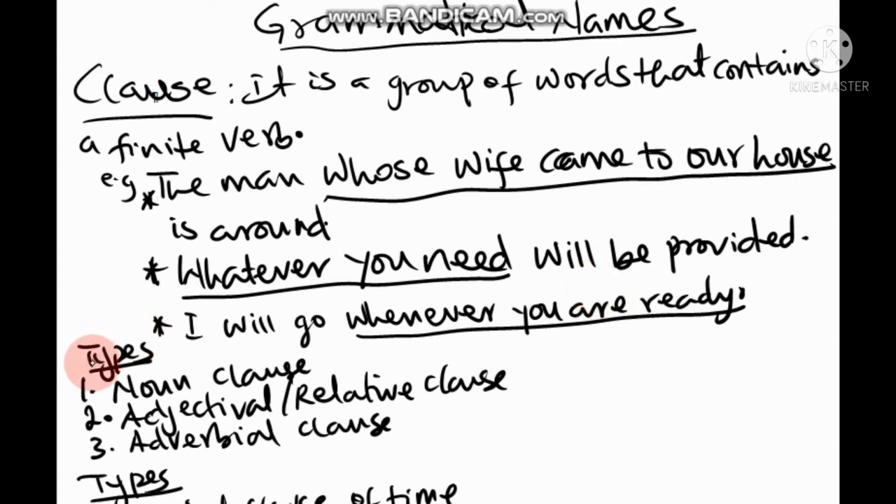Now, under our clauses, we shall be looking at types. So we shall be looking at noun clause, adjectival clause, and adverbial clause. Take note, your adjectival clause can also be called a relative clause.